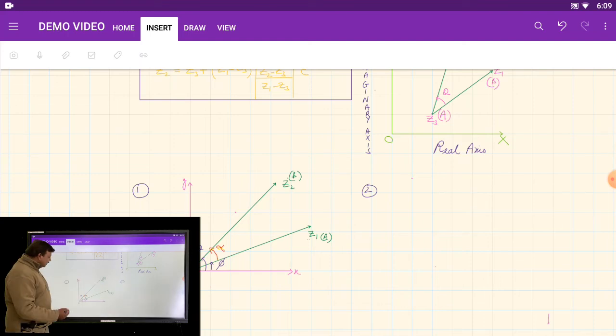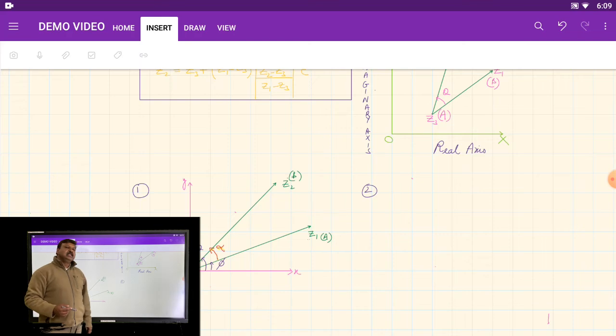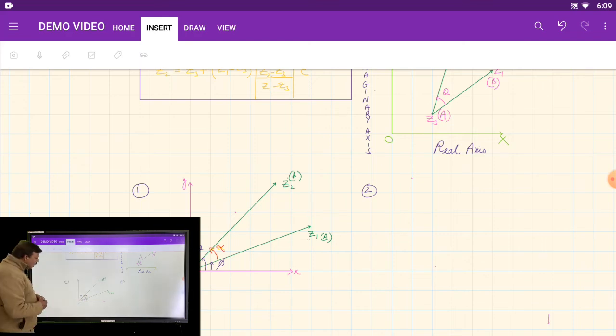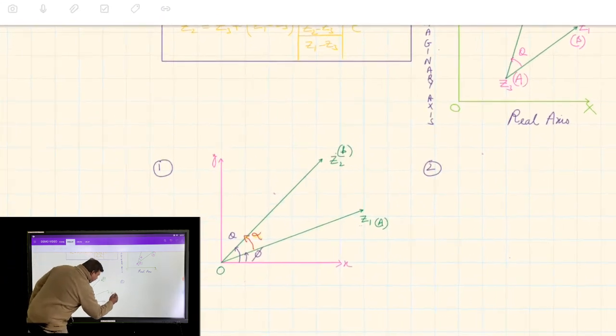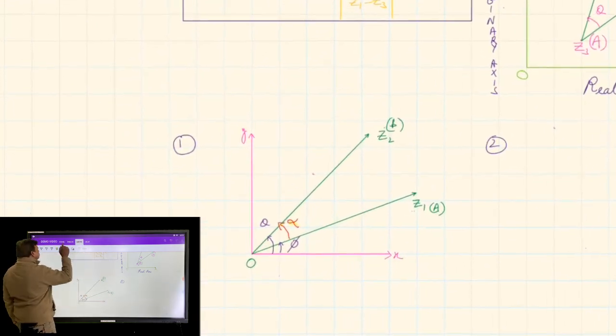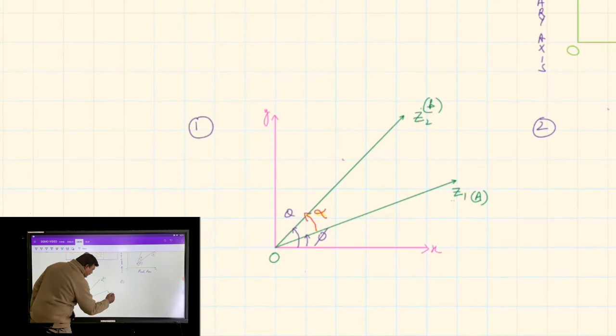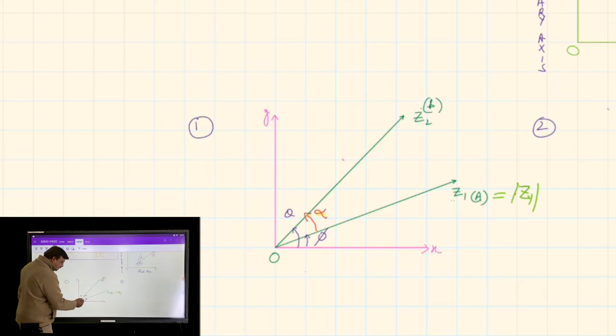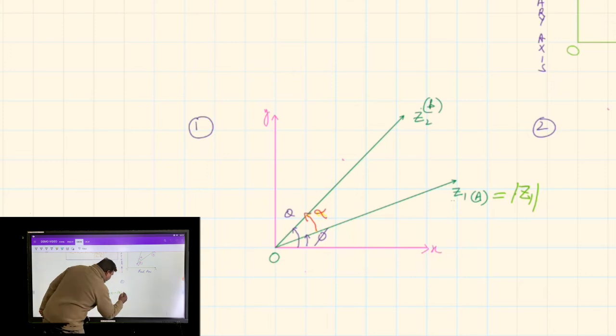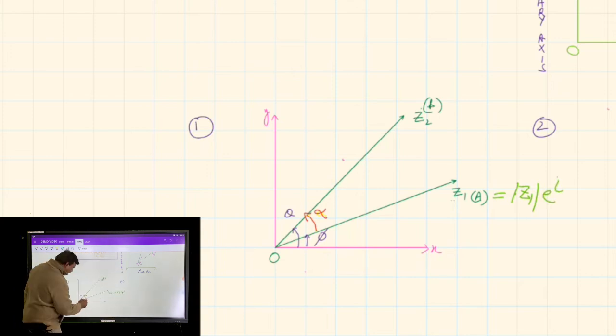One, I will consider that Z1 and Z2 are the position vectors. These are the complex numbers which are position vectors of points Z1 and Z2. Now we consider Z1 as modulus Z1, that is the length of this line segment, and e^(iφ).